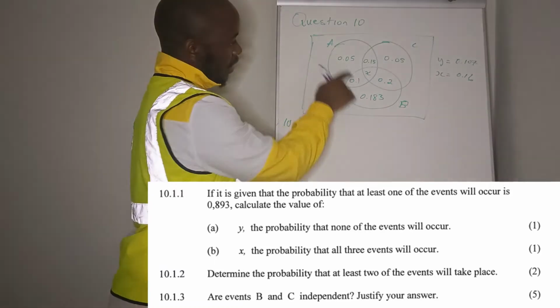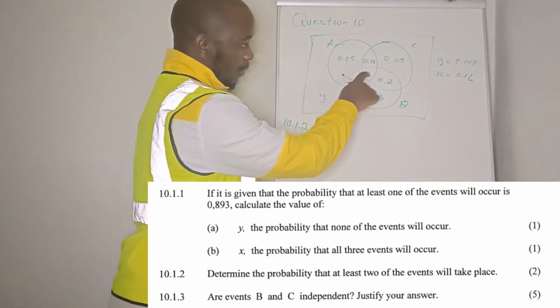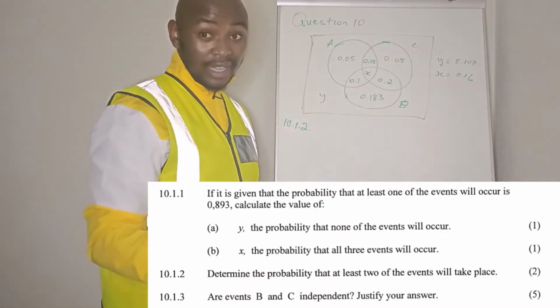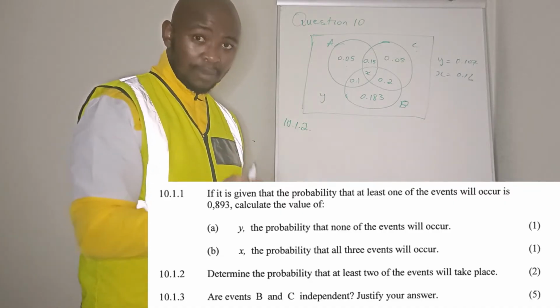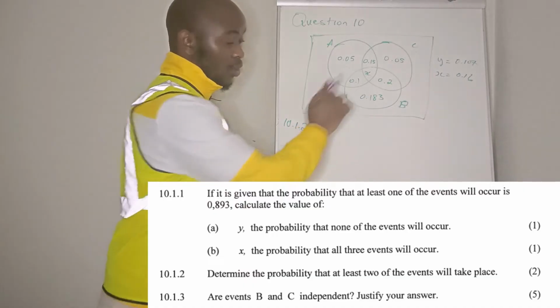This is the probability that A and B occur, as well as this one, B and C occurring. But what about this one? This is the probability that all of the events occur. Does this fall within at least two happening? Yes, so we also need to consider X.